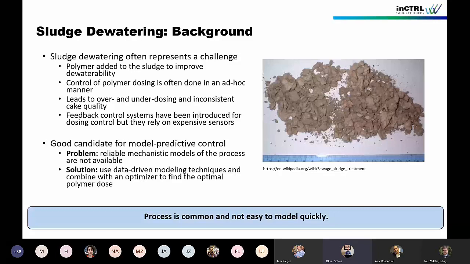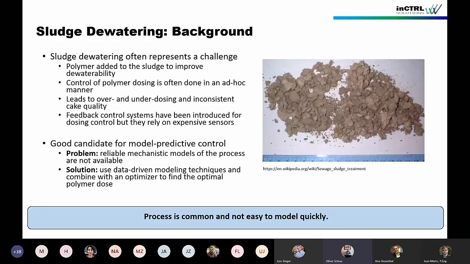process. So basically this kind of thing, when you don't necessarily have a good understanding of the underlying process, well, I guess what I should say is it's a good candidate for model predictive control, because it's not a system that's easy to understand exactly what will happen if you change the dose by so much.